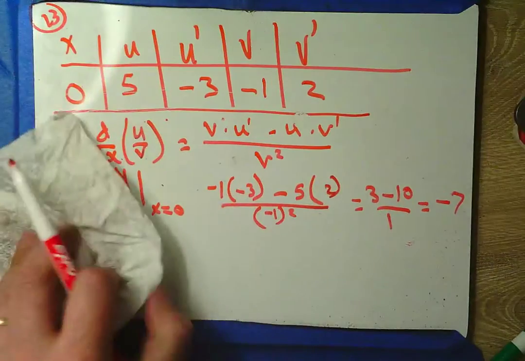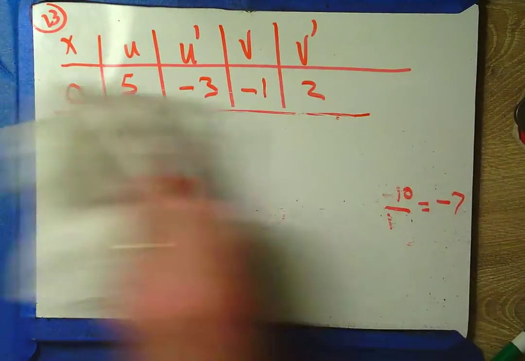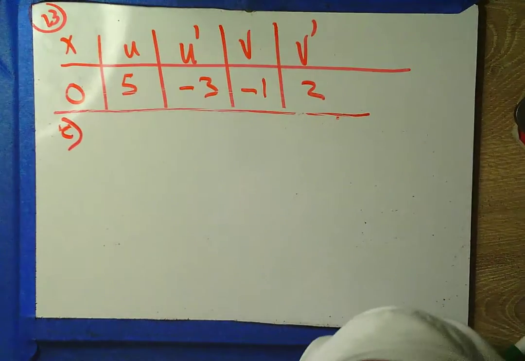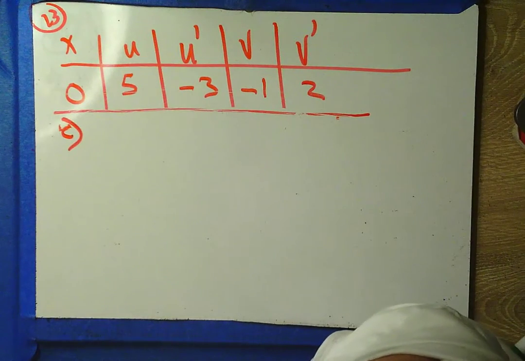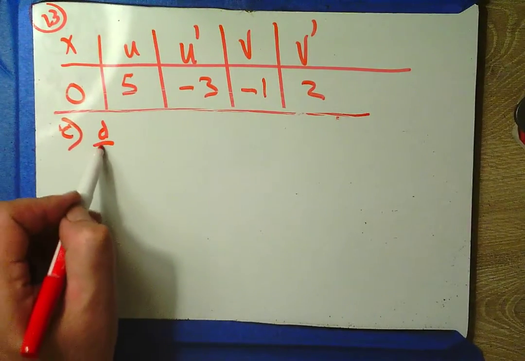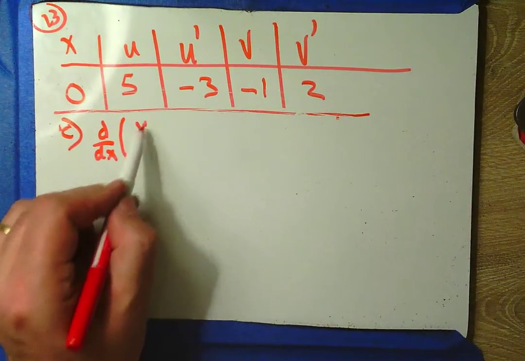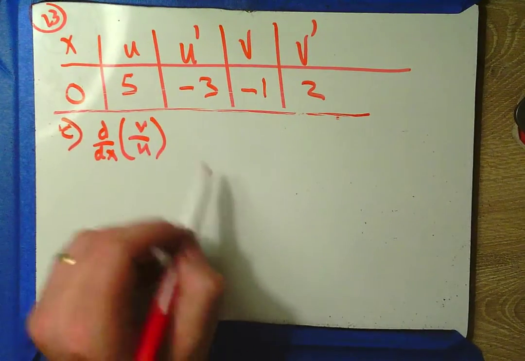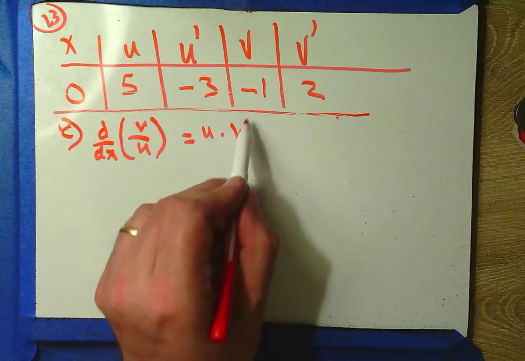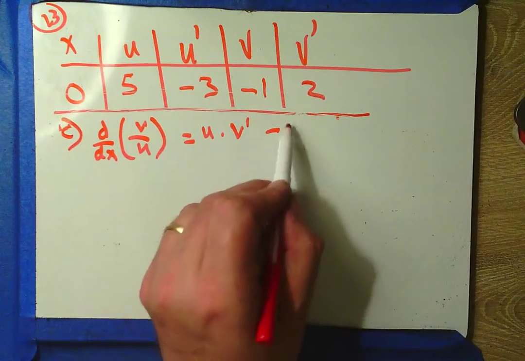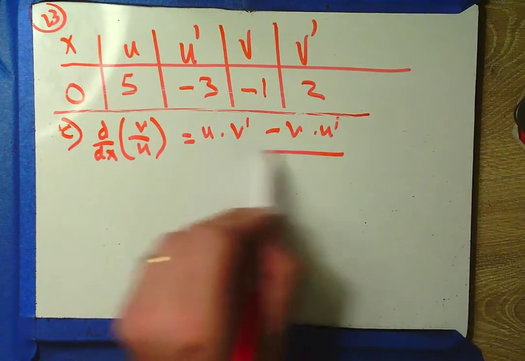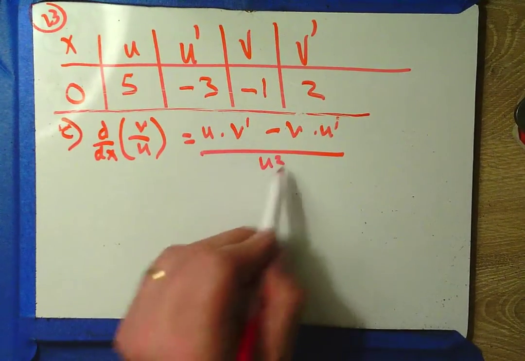Let's take a look at part C. I wonder what part C will be. We've already done product rule and quotient rule. Part C says the derivative with respect to x of v over u. Okay, so we know that's low d high minus high d low, all over low squared.